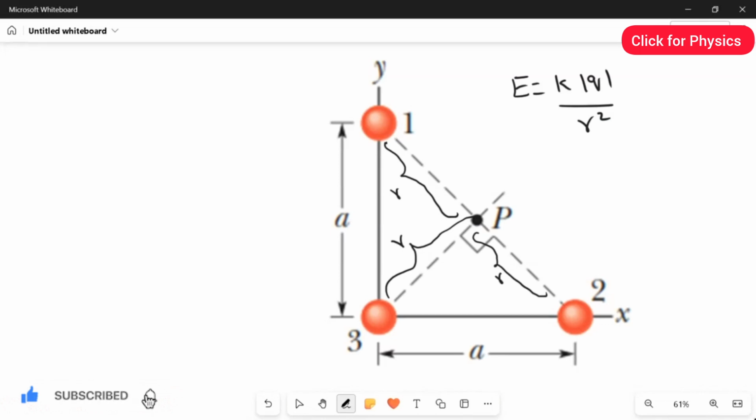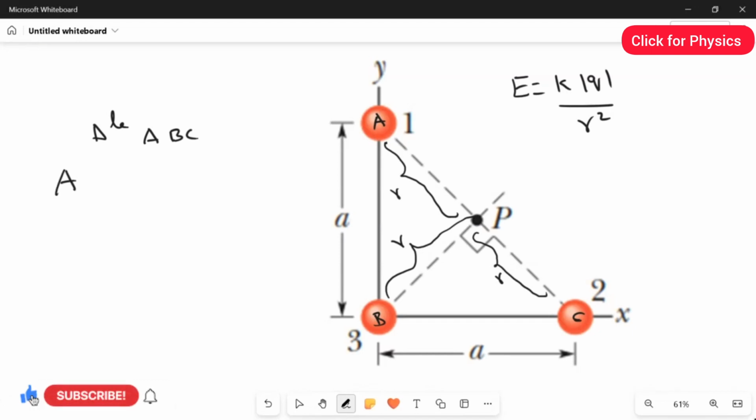So let's take this triangle A, B and C. I'm going to give names for this triangle. This is not the name for the charge. Actually, I mentioned ABC for the triangle. So in triangle ABC, we have to apply the Pythagoras theorem.